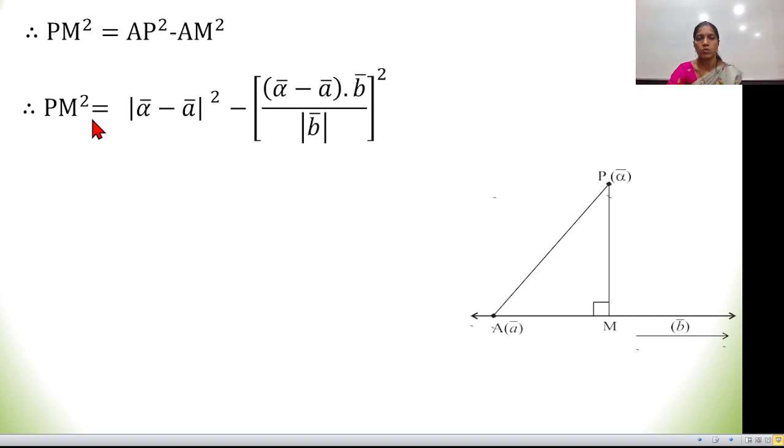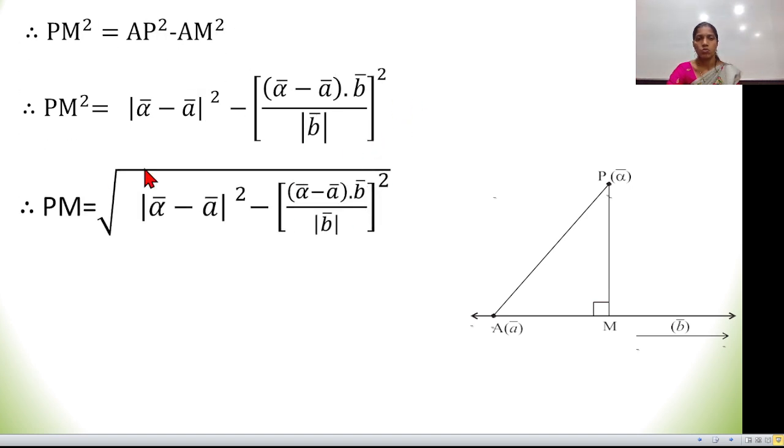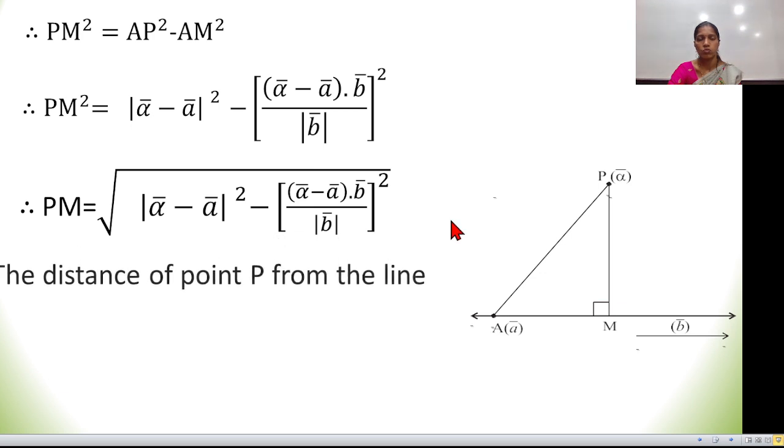So PM square equals the magnitude of alpha bar minus a bar, squared, minus the length AM, which we have already found. Substituting the value of AM, which is alpha bar minus a bar dot b bar divided by the magnitude of b bar, squared. Taking the square root on both sides, PM equals the square root of magnitude of alpha bar minus a bar squared, minus in brackets alpha bar minus a bar dot b bar divided by magnitude of b bar, squared.